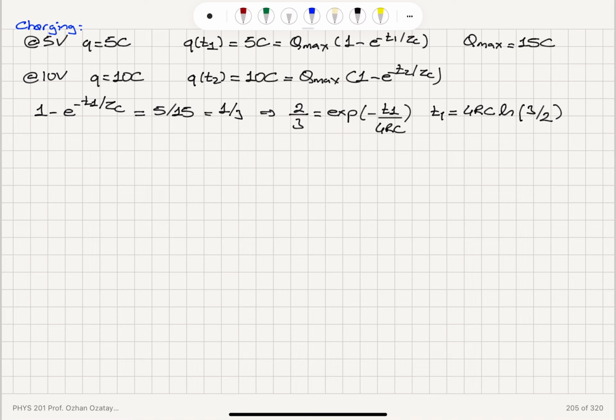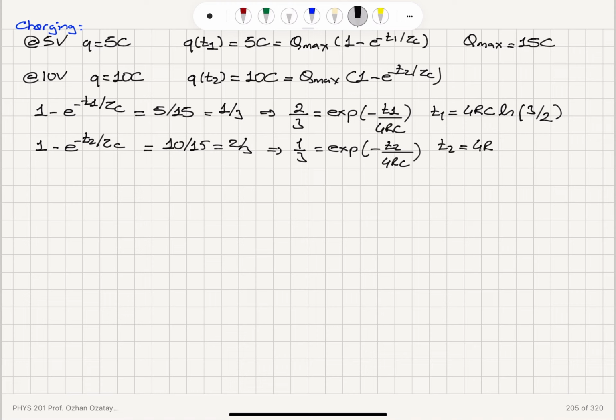And the time when I have 1 minus e to the minus t2 over tau c equals 10 over 15, which is 2 over 3, means I have 1 over 3 equal to exponential minus t2 over 4RC. So t2 is equal to 4RC natural logarithm 3.